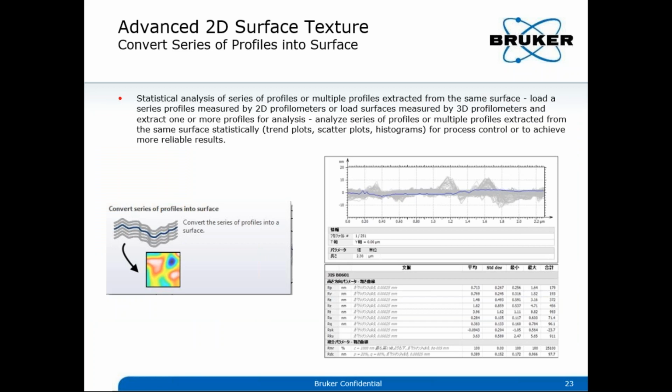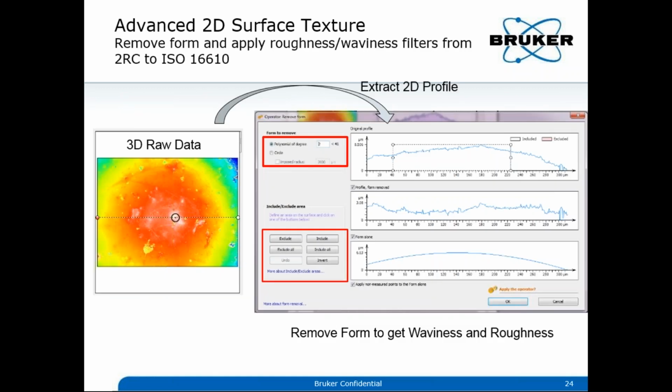The second example is you can convert a series of profiles into a surface. For example, if you have a lot of 2D lines, you can line them up and they will become a 3D picture. So previously a 3D surface became multiple 2D lines, but you can also do the reverse, from 2D multiple line data to form a 3D image, and this is available in this module.